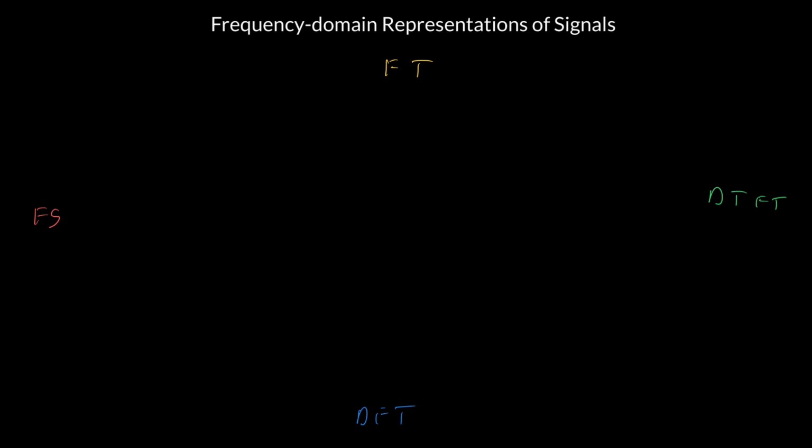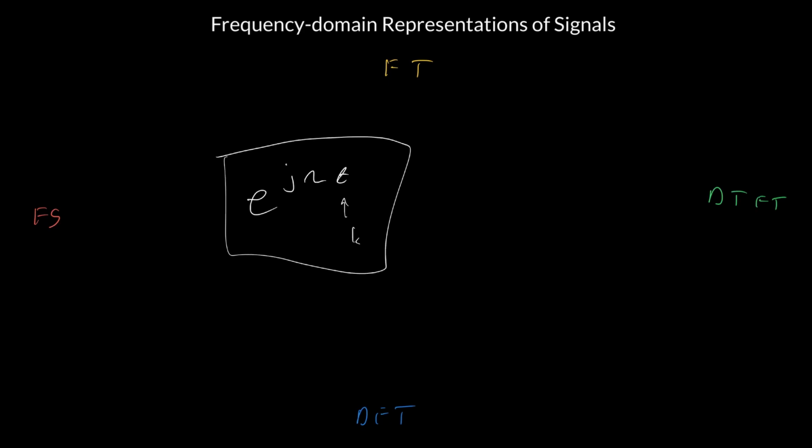By frequency, we always mean a component of the form e to the j omega t. Now, t can be discrete time or continuous time, but a frequency component is always of this form here. And of course, omega can be 2 pi f, angular frequency or frequency in hertz.